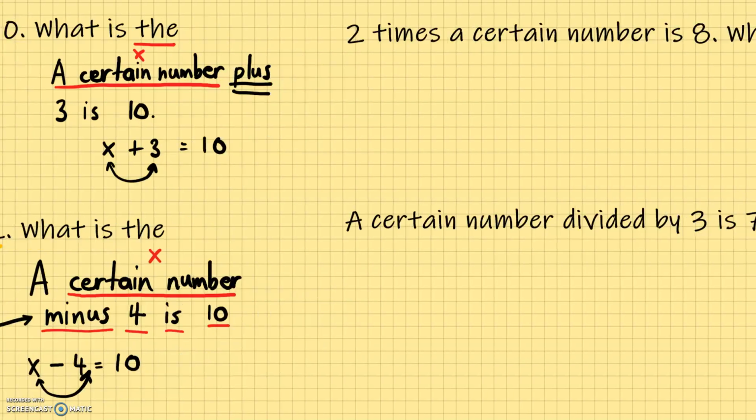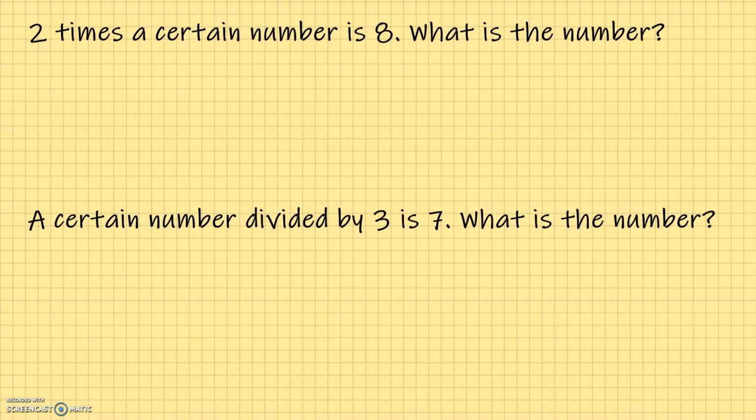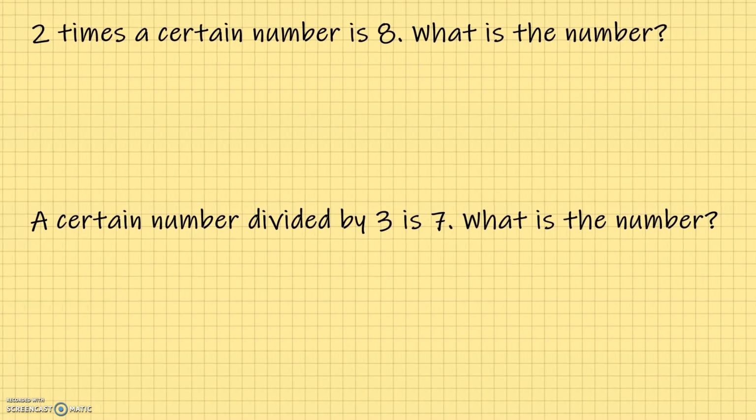Let's move on to some other questions. 2 times a certain number is 8. Again, we see this word, a certain number, and this means use a variable, x. So 2 times x is 8. What is the number? This is pretty straightforward.